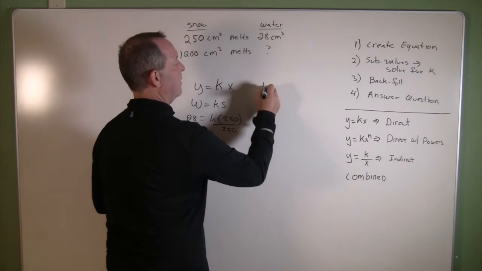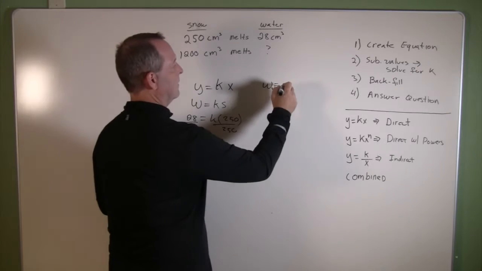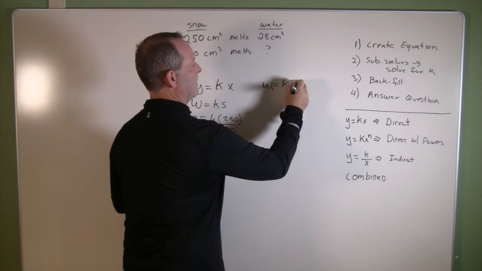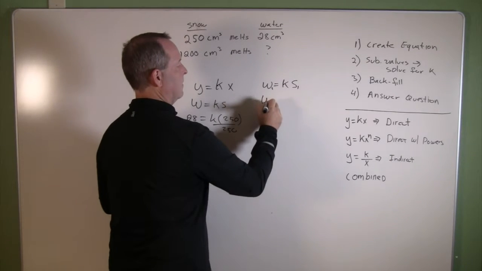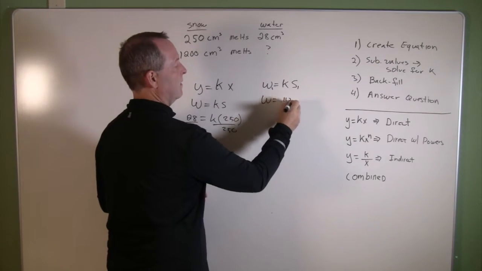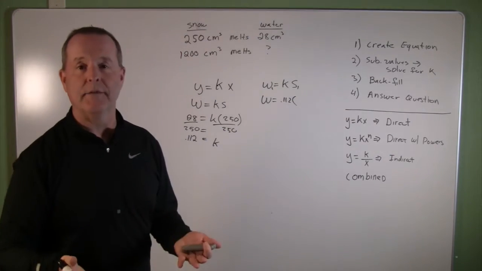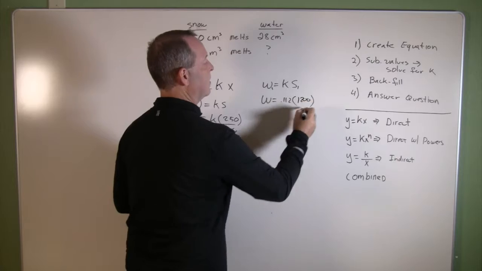So knowing that, now I can figure out what happens if I have a greater snowpack. Well, how much water in my second situation will I have with a second set of snow criteria? So water equals my constant of proportionality and the what if. What if there's 1,200 cubic centimeters that year?